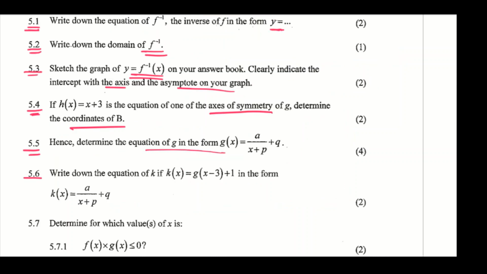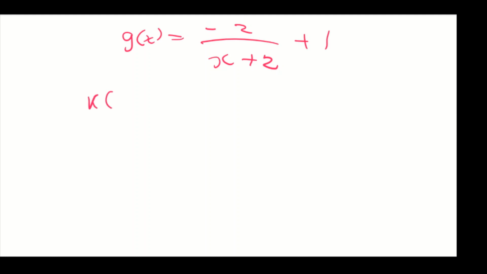So now we're going to do 5.6. We are asked to write down the equation of k such that k of x is equal to g of x minus 3 plus 1. So what you need to first do is write our g of x, which is equal to minus 2 over x plus 2 plus 1. And we are told that our k of x is equal to g of x minus 3 plus 1.